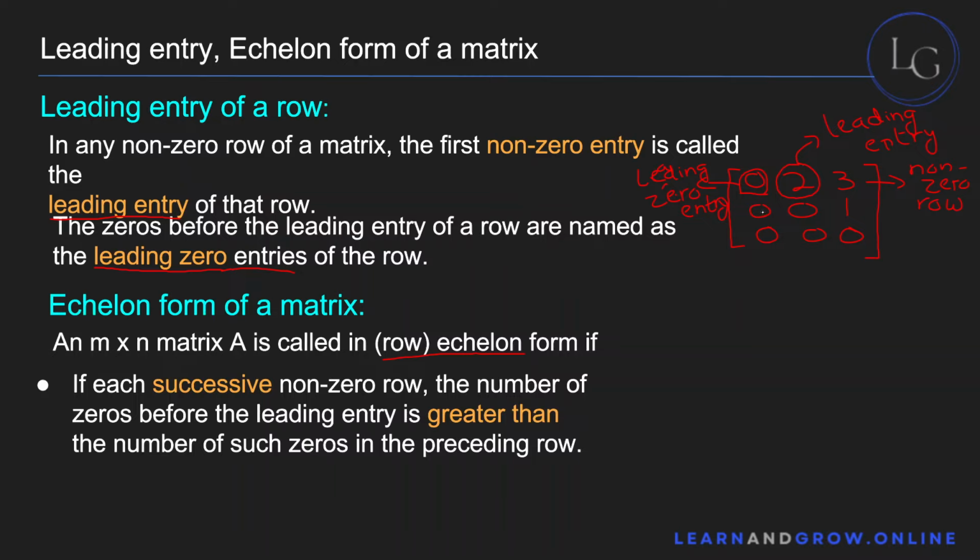The number of leading zero entries in the second row is greater than in the first row, and similarly in the third row, the number of leading zeros is greater than that in the second row. So this is the first requirement of the row echelon form: the number of leading zero entries in each successive row must be greater than the one preceding it.